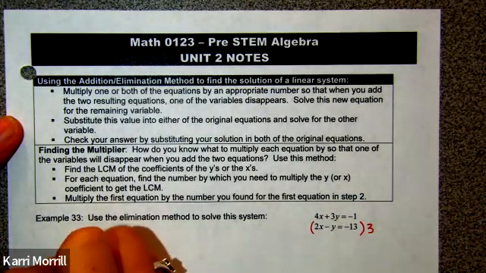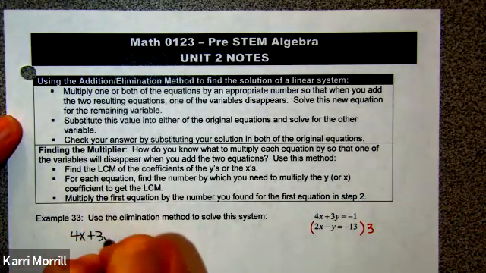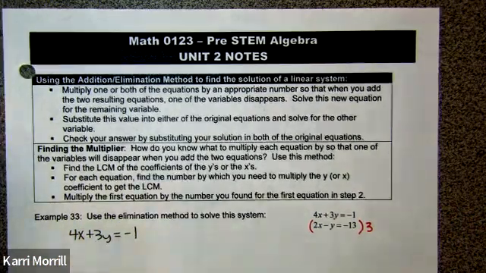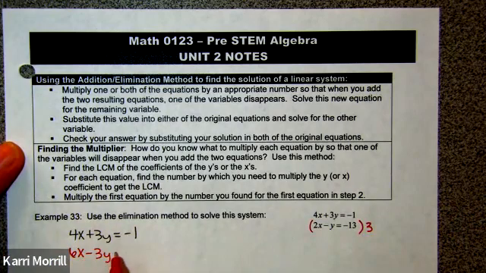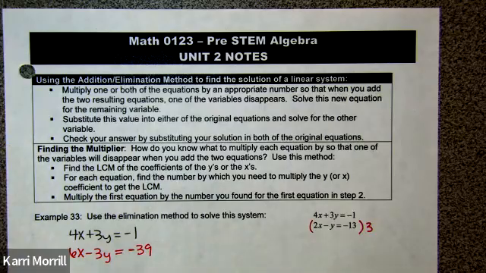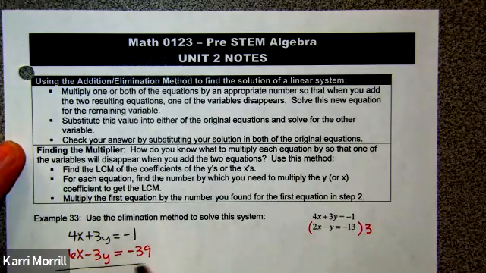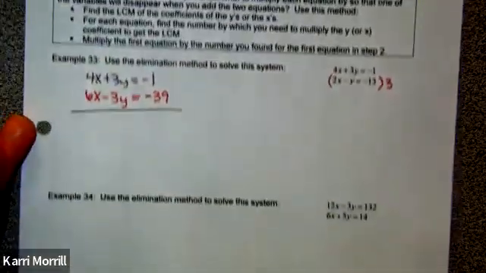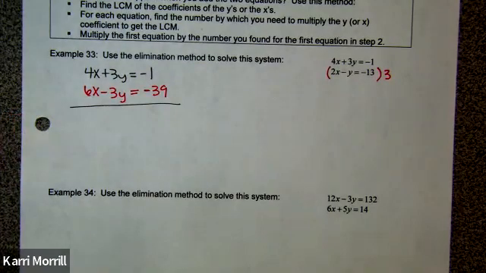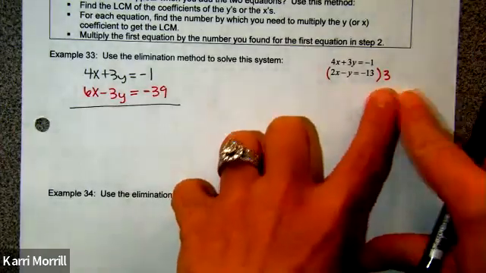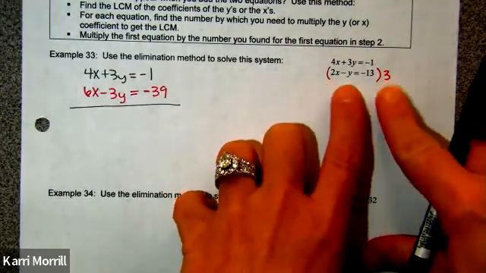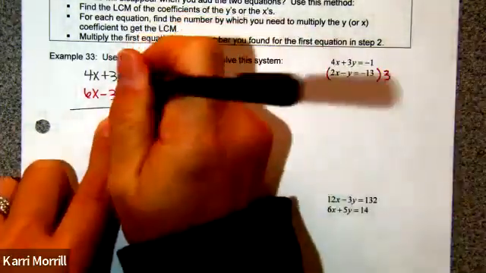So I'm going to rewrite 4x plus 3y equals a negative 1. And then we're going to multiply everything times that 3. So that'll be a 6x, a negative 3y, and a negative 39. We multiplied it times the 3 to manipulate it so that these two things would zero out.